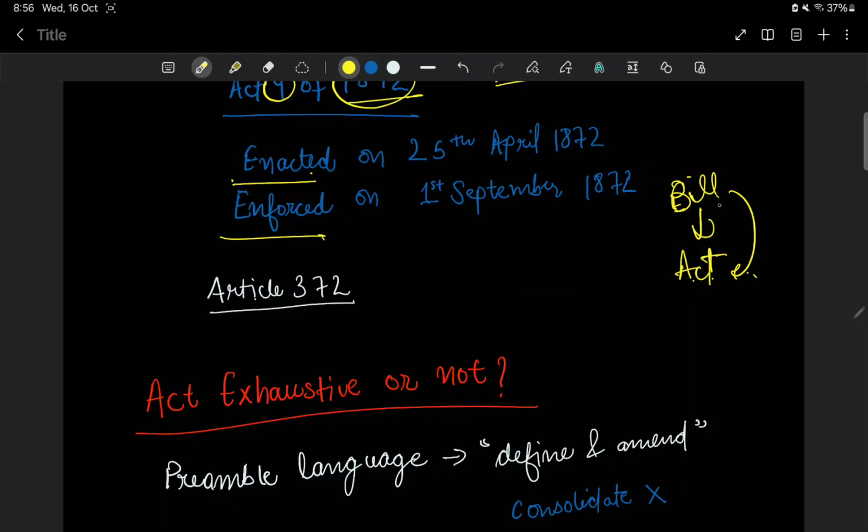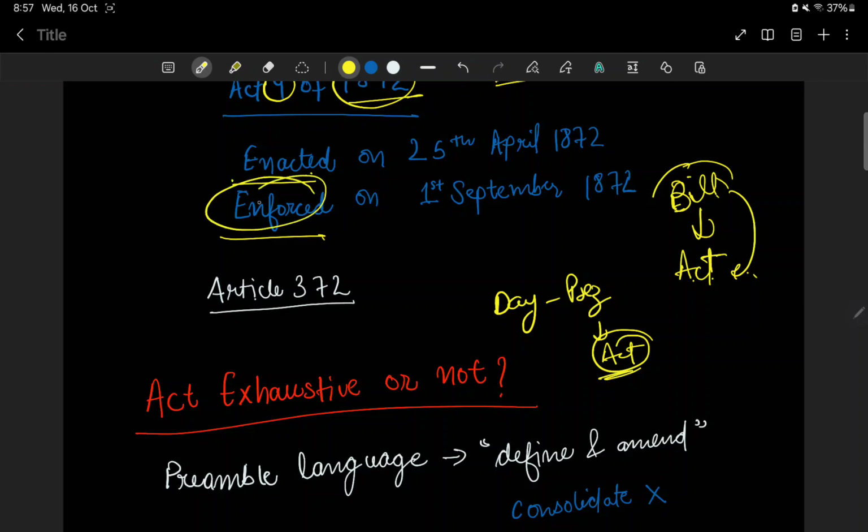It is when the bill gets the assent of the president. First the bill goes through the houses of the parliament, then when it is passed by both the houses it goes to the president for his assent, and the day the president gives assent to the bill, it is converted into the act on that very date. So that is the date of enactment, that is the day of assent by the president.